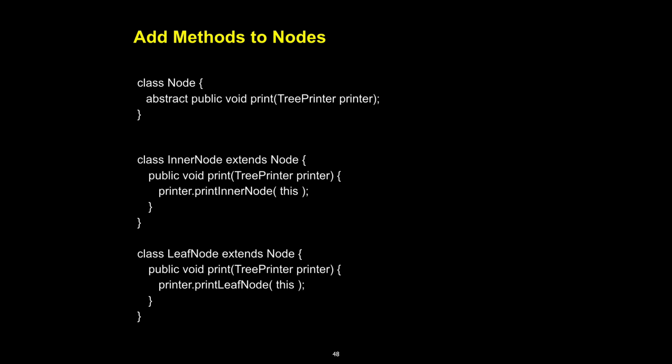Right. This is how we're getting double dispatch, right? Because I call the print node on the node, and then at runtime we figure out what type of node it is, and then that node is going to call either print inner node or print leaf node on the visitor.